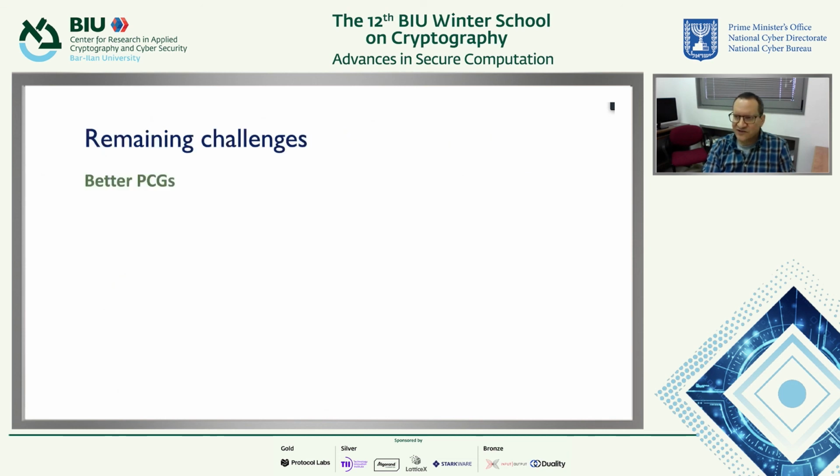Okay, so open questions. A lot more to be done, and certainly will be done, in improving current PCG constructions. We want to deal with more general correlations. I think Lisa even mentioned the challenge.